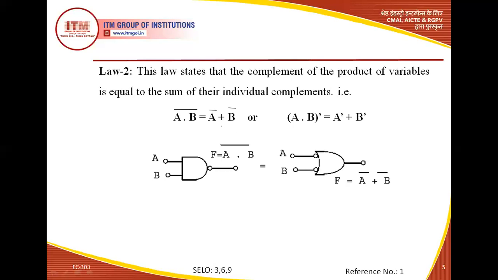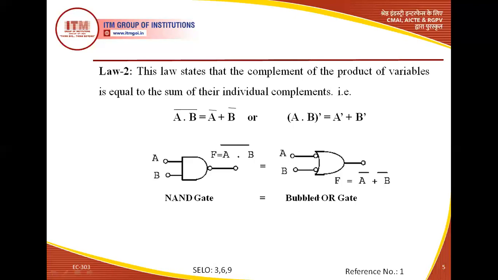Bubbled OR gate means we apply the inverted inputs on the OR gate. That means first we invert the inputs A to A bar and B to B bar and apply them on the OR gate, which will produce A bar plus B bar. So now here we can say that NAND gate is equivalent to the bubbled OR gate.